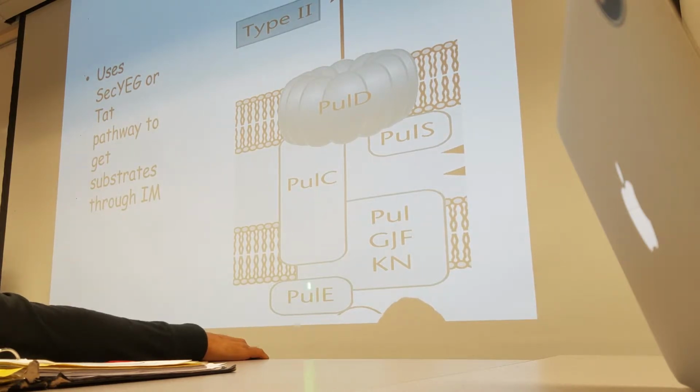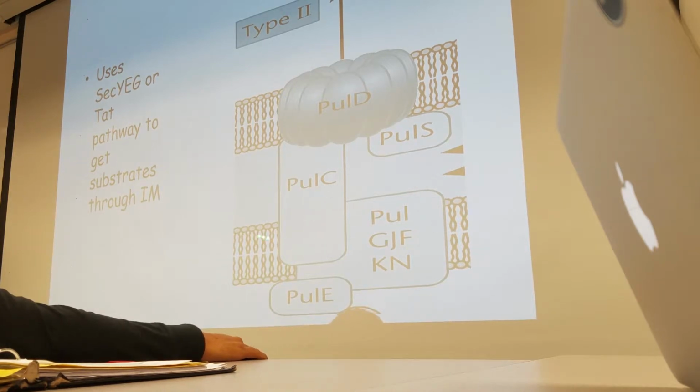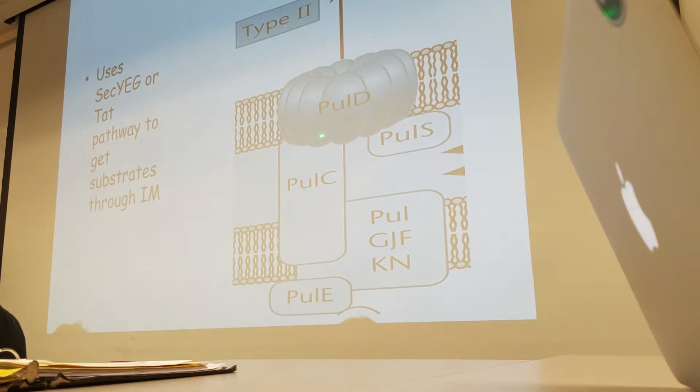But you can have SecYEG recognizing, grabbing onto the signal sequence, coming over here, going through here, getting it folded, cleaving off the signal sequence, and then pushing it through here. And then you get whatever the protein is made out here. So this is at least using these 2 pathways through the inner membrane, getting it out. And again, you have this beta barrel set of proteins that secrete out to the outside. So that's just type 2.